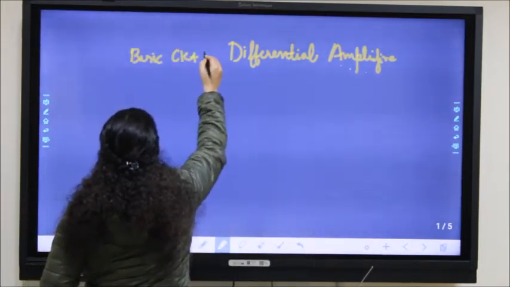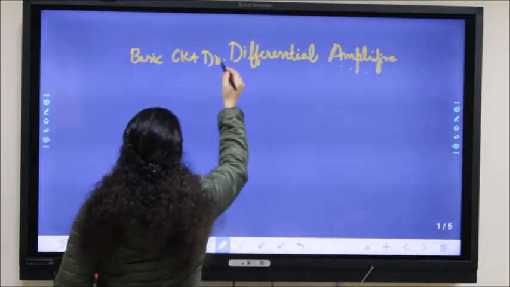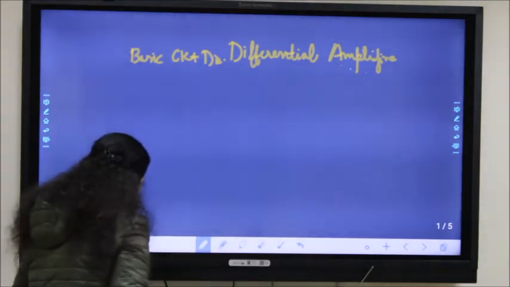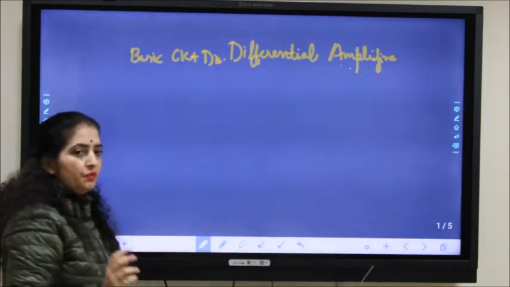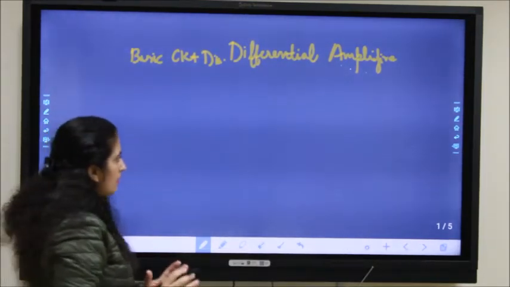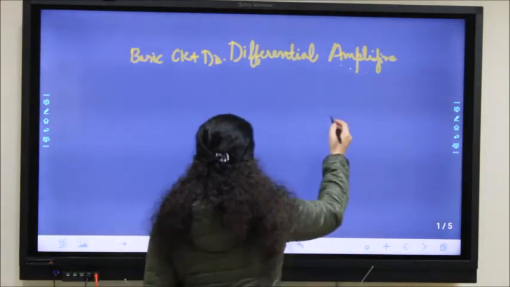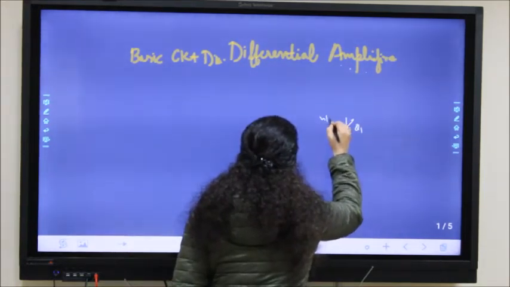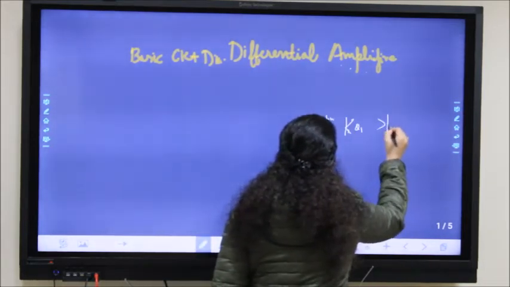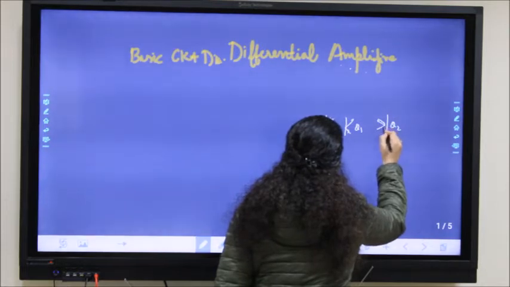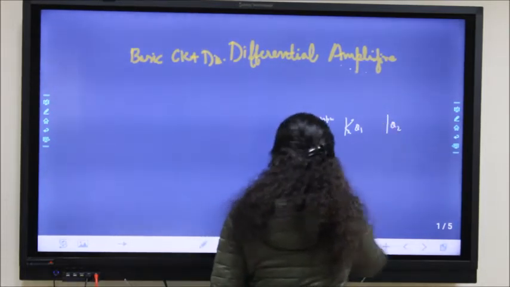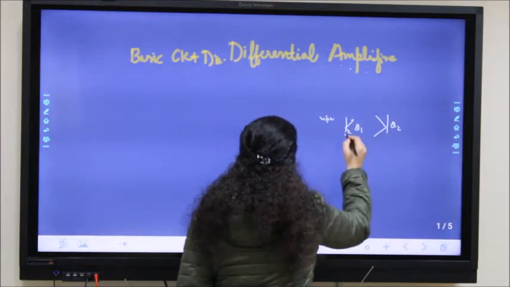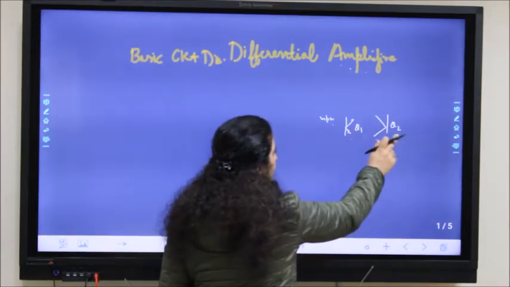In this we take two amplifiers. This is the Q1 transistor, an NPN transistor, and this is the Q2 transistor, also NPN. We take Q1 and Q2 transistors.